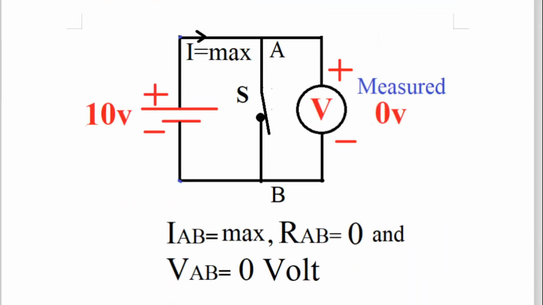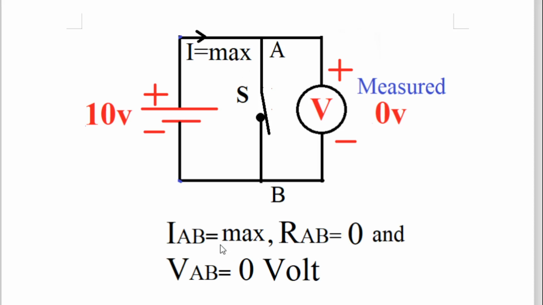Now let us come to here. Close the switch. Now ask the question: when you close the switch, does current flow? Yes, current will flow through the closed switch, because there is a battery of plus and minus 10 volt. It is now short circuited through the closed switch, and maximum current flows, and the measured voltage will be 0 volt because terminals A and B are now short circuited.